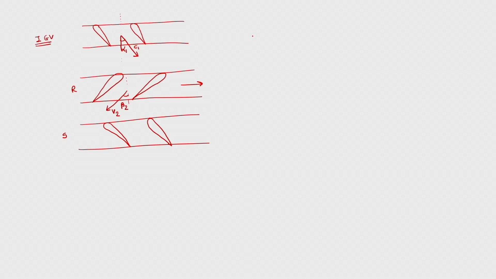Flow is coming with velocity c1 into the rotor, where the rotor is moving with velocity u. That is where we get the velocity v1, which is relative to the rotor, and this is alpha 1, this is beta 1.